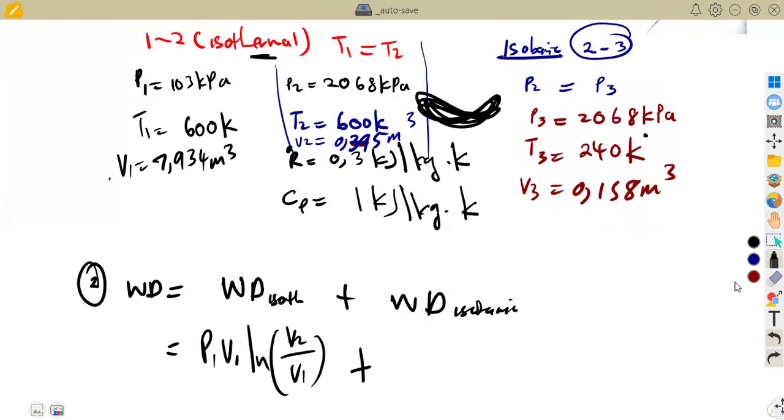Remember, under an isobaric process, we said the work done is equal to P1 into the change in volume, V2 minus V1. But take note, we have to be careful about these numbers, because this was when you were just considering from 1 to 2. So this would be P1, V2, V1. But now we are considering stage 2 to 3. The isobaric process is the one that occurred between stage 2 and stage 3.